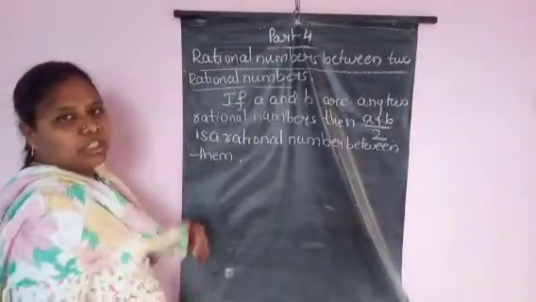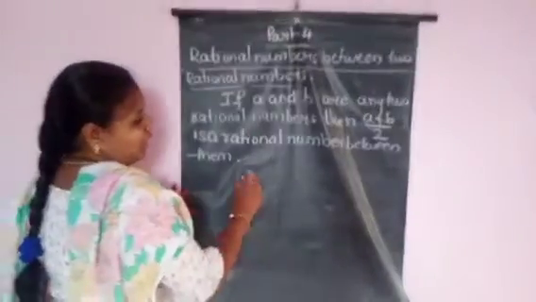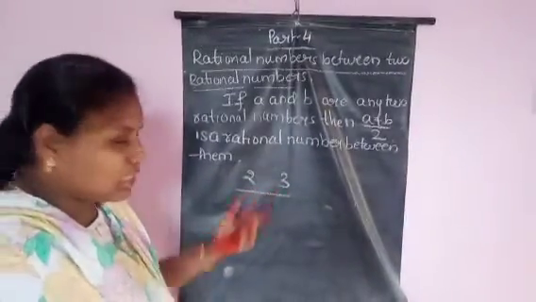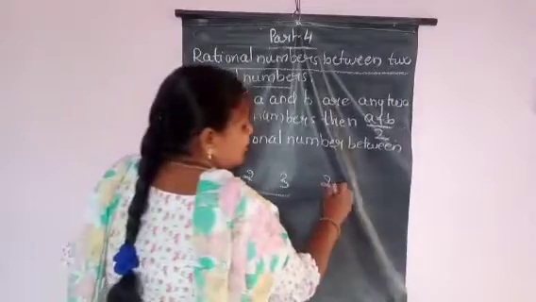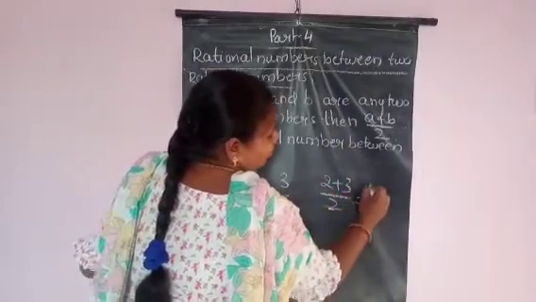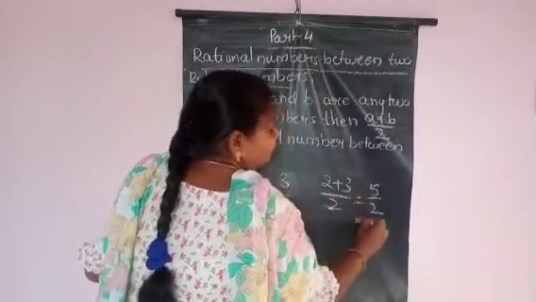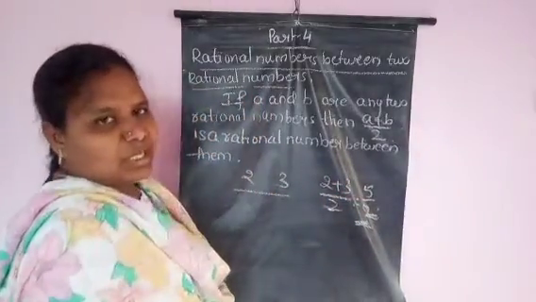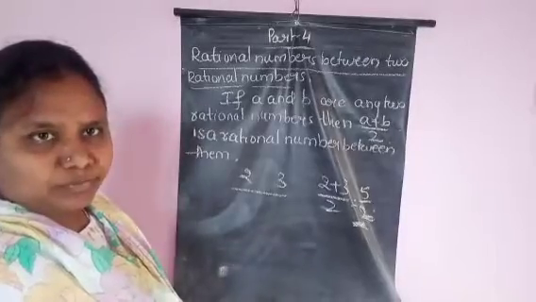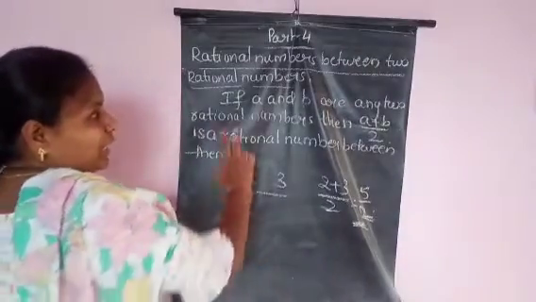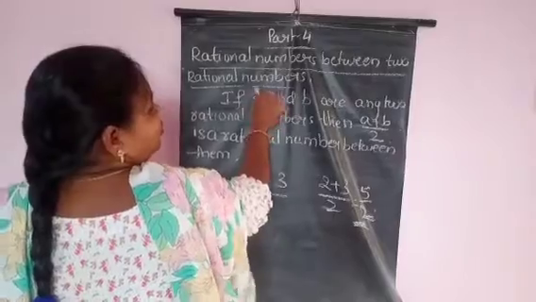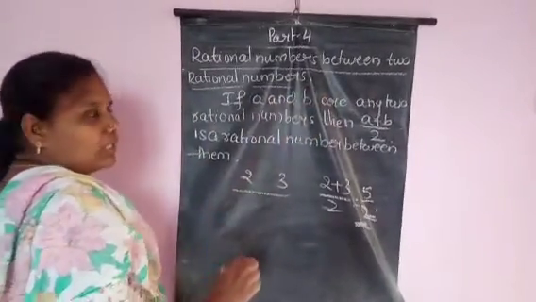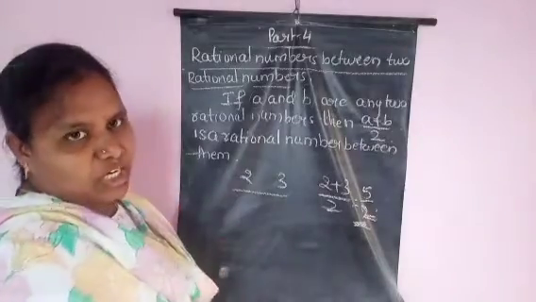This is my point. If 2 and 3 are given, to find a rational number between these two, 2 plus 3 by 2, which means 5 by 2, is a rational number between these two numbers. If A and B are any two rational numbers, we can find an infinite number of rational numbers.